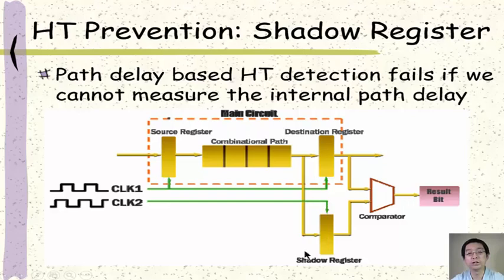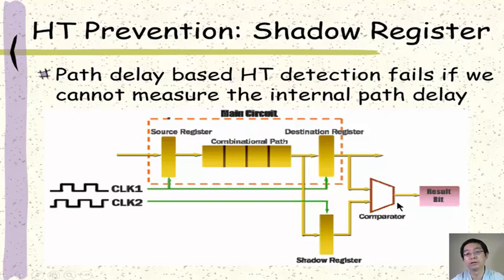Initially, the shadow register and the destination register will have the same phase, so they will have the same content, the same value. When we do a comparison here, they will have the same value. And we can deliberately change the phase of the shadow clock, and then eventually they will become different. This can be monitored through the result bit.